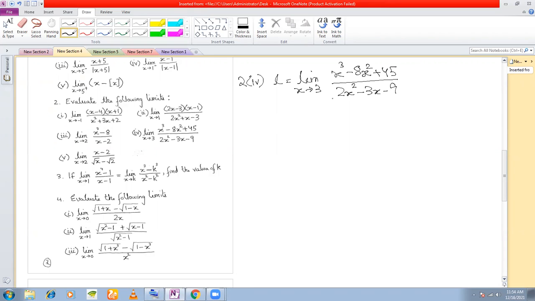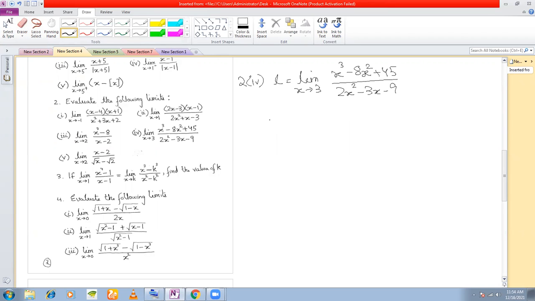Now if you substitute x is equal to 3 in the denominator, you will see that you will get the denominator equal to 0, which is not acceptable, right? So this also, if you see x tends to 3, that means if you are putting x is equal to 3, the denominator is vanishing.